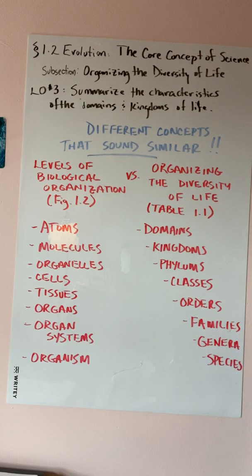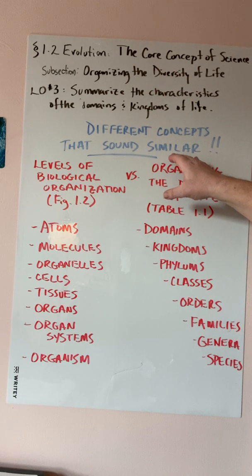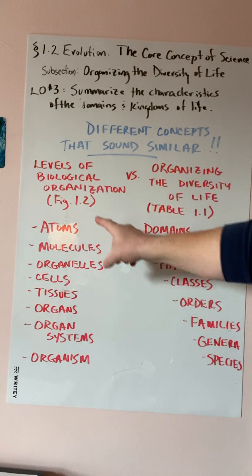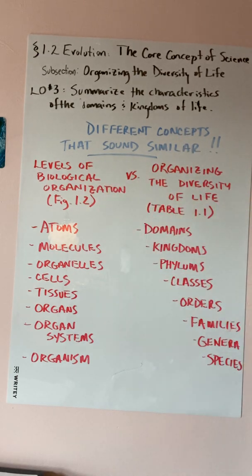All right, our next lesson for this week is going to be looking at how we organize the diversity of life. Now, a lot of students get confused between two concepts. We just went over levels of biological organization.